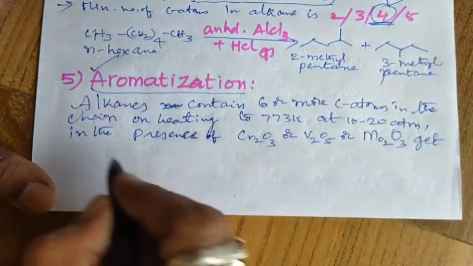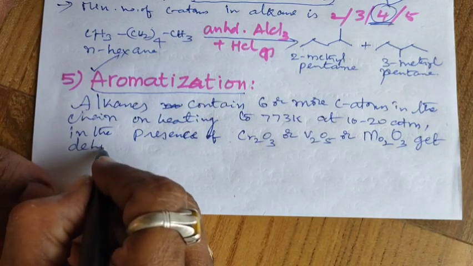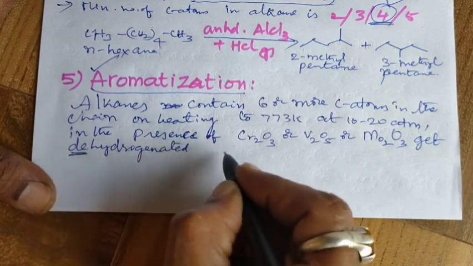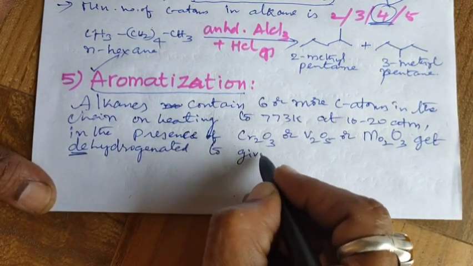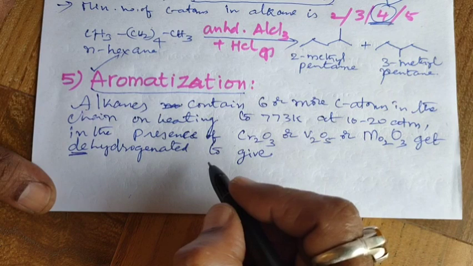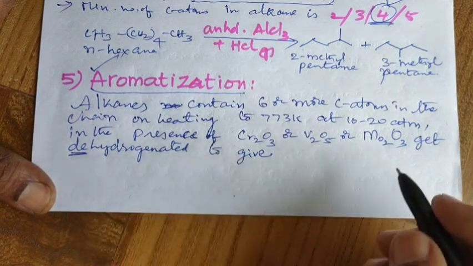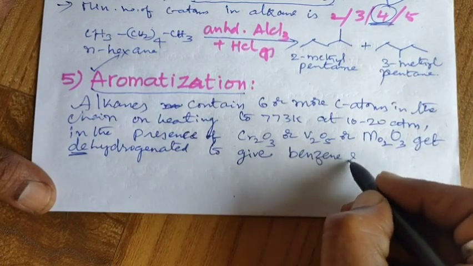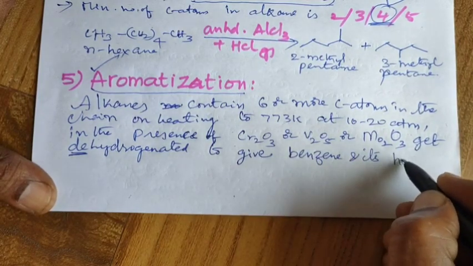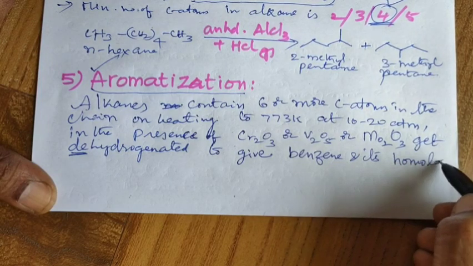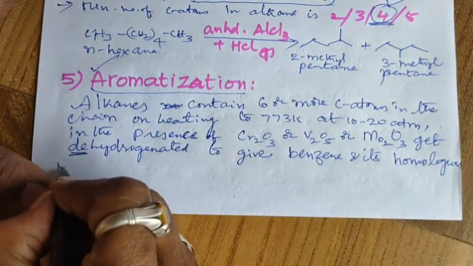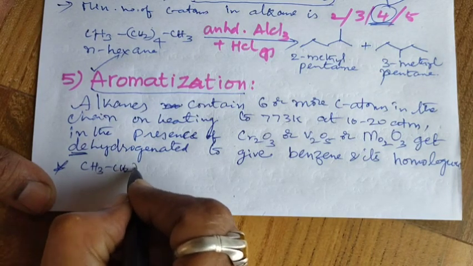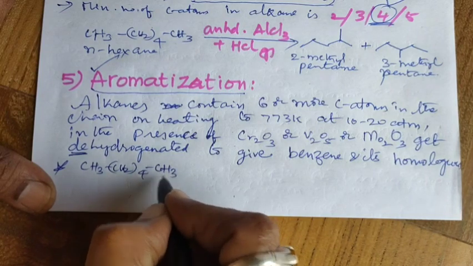Hydrogens are removed, dehydrogenated to give benzene and its homologues. Benzene and its homologues. Yes. Take an example, that is CH3(CH2)4CH3.